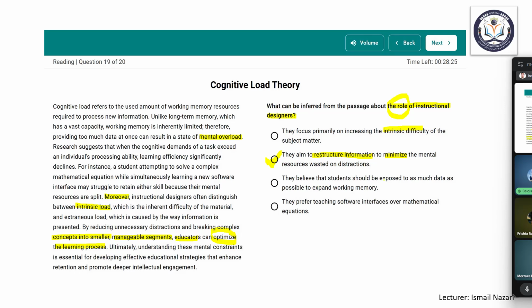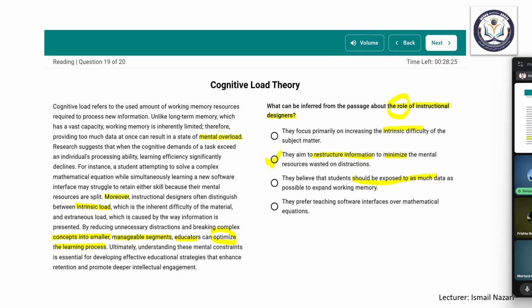C, the same thing. Here it uses a specific word. They should be exposed. So when it says the word should, it conveys a different message. It is like advice. So it doesn't say that one, to say as much data as possible.